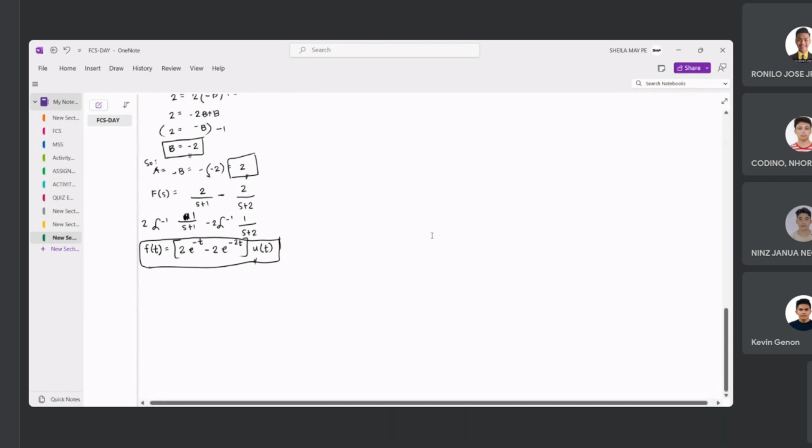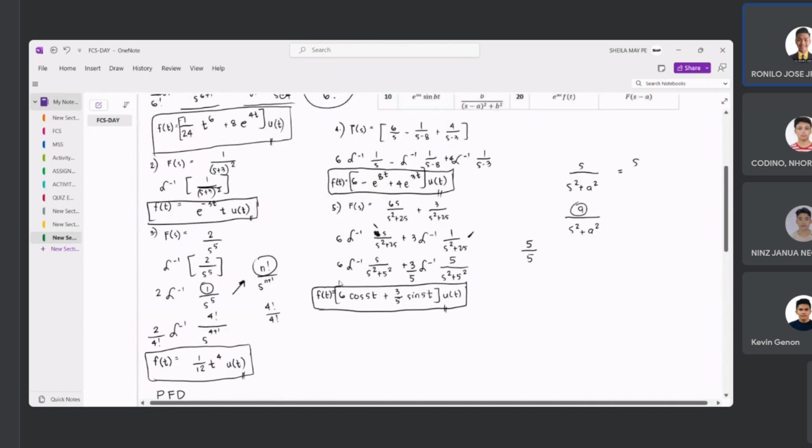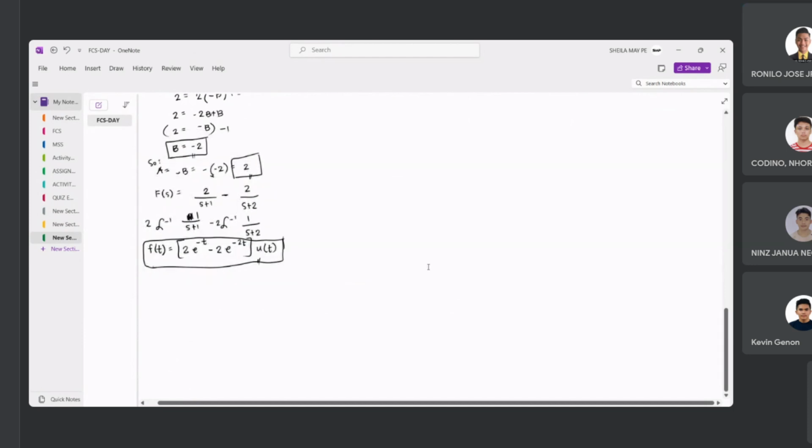Last example gid. Sa last nga example, atong nanay fraction, itong bago lang nimong i-discuss. Oo, that part. 1 over s plus 1? Di ba this is 1 over s plus a.